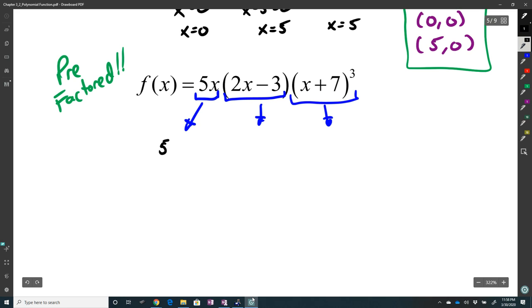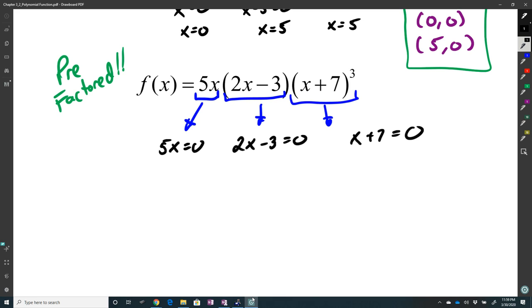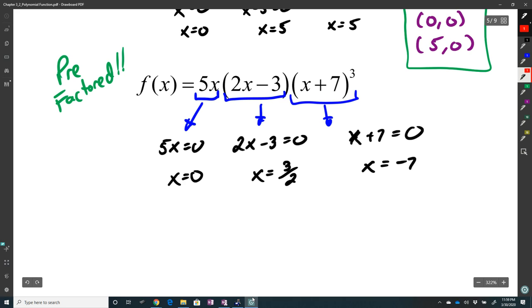So I have 5x equals 0, 2x minus 3 equals 0, and x plus 7 equals 0. Okay, there's 3 x plus 7s, but the inside is just x plus 7. The answer is going to happen 3 different times. So I solve for each one, add the 3, divide by 2, subtract the 7. There we go.